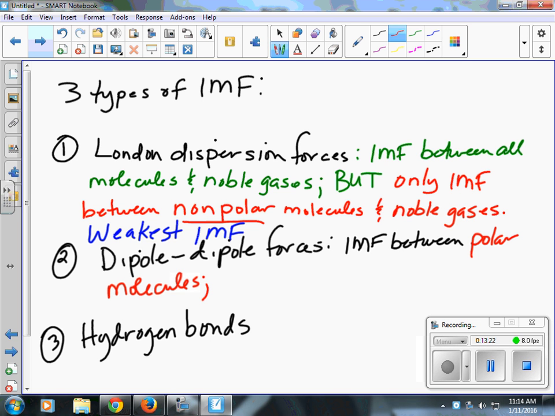Polar, remember polar covalent, right? Unequal sharing of electrons. These are the forces that hold them together. Yeah, they have London forces too, but the dipole-dipole are stronger, so it kind of makes the London forces insignificant.